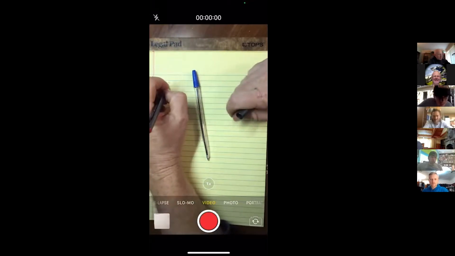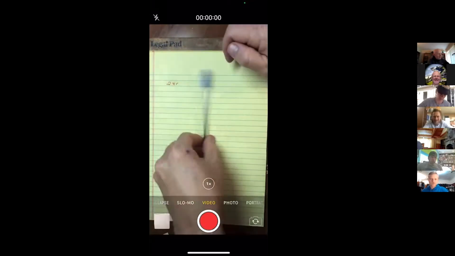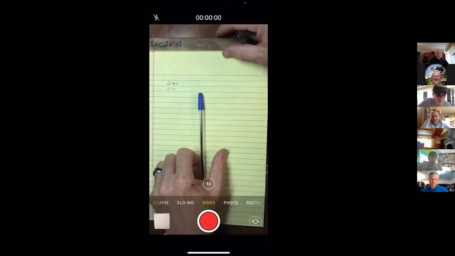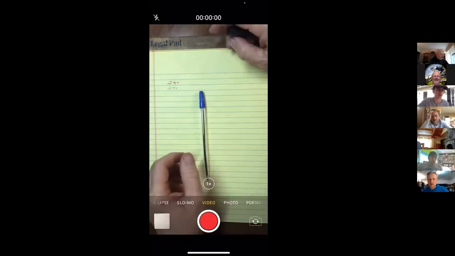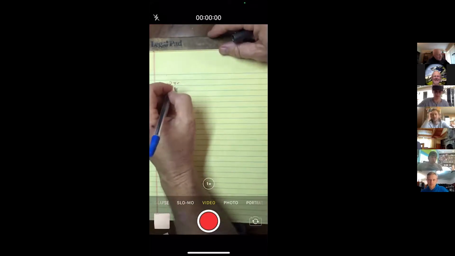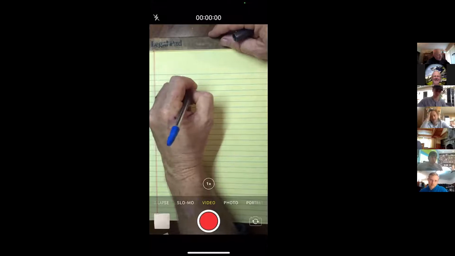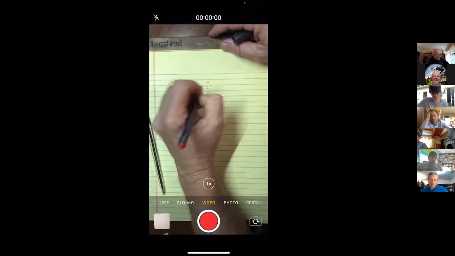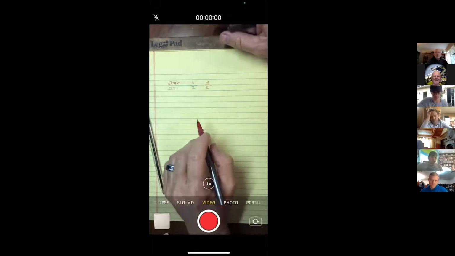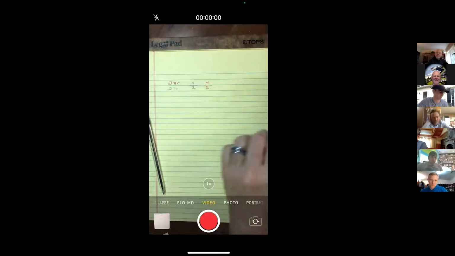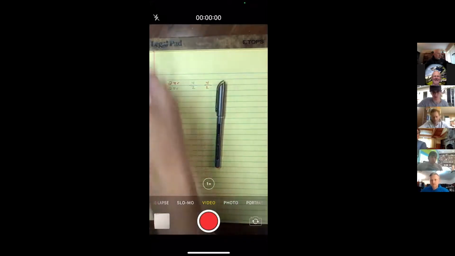So if I wrote 2 pi r, yeah, red stands out. Okay. Now that I think about it, it stands out even better when I do something like 4/2 versus 4/2, and I actually write on the line. Oh yeah, you can't really see the fraction there.